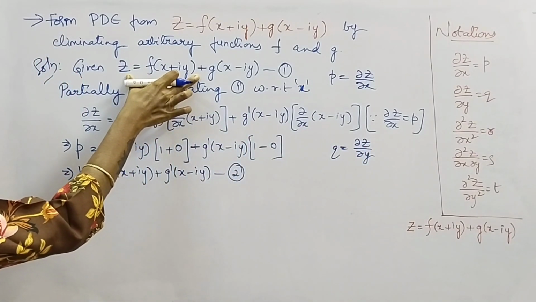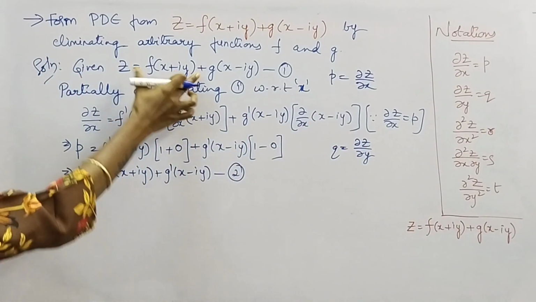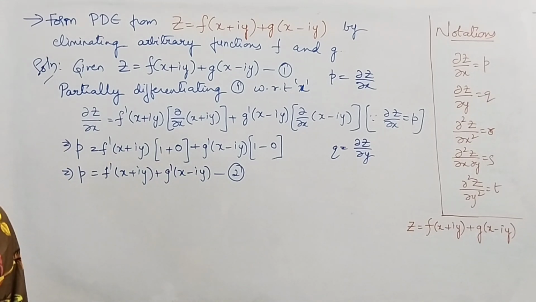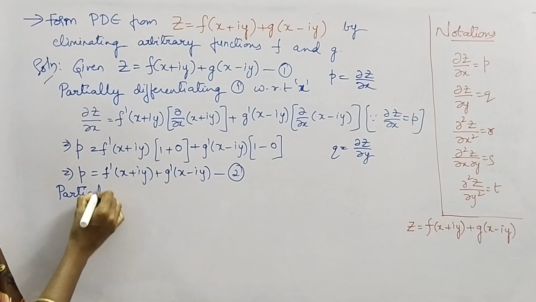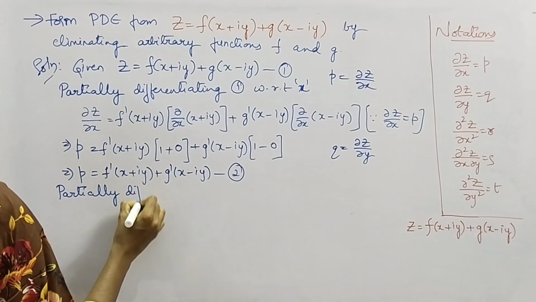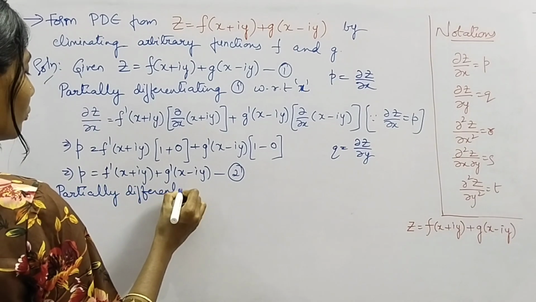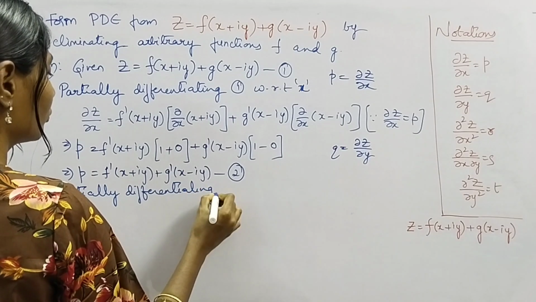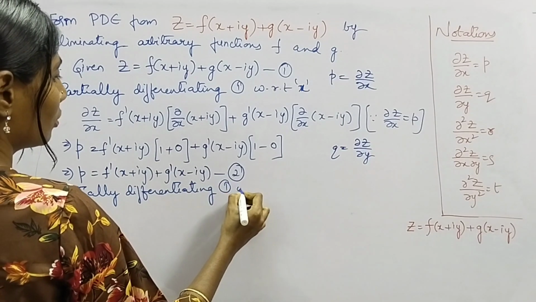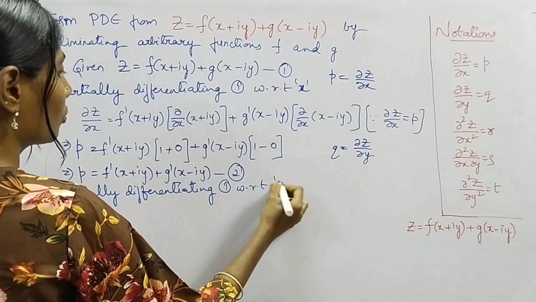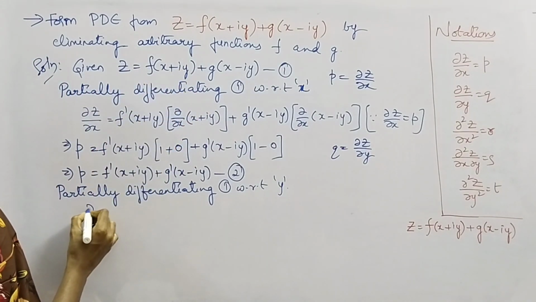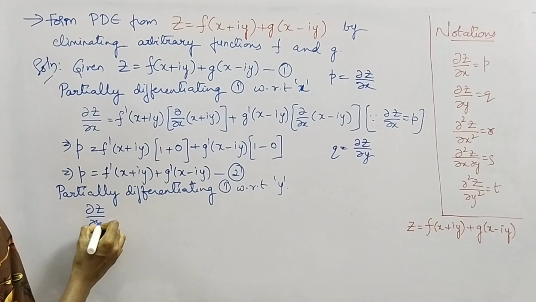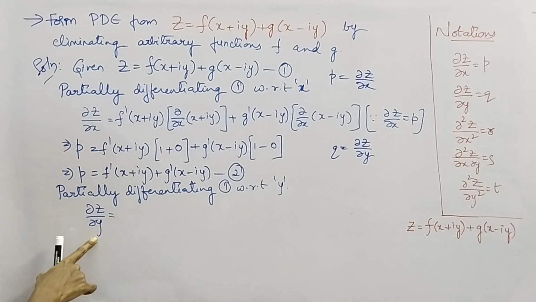Partially differentiating 1 with respect to y, just apply dou by dou y on both sides of the equation. I'll write directly dou z by dou y equal to, here we are partially differentiating with respect to y, so we'll treat x as constant.